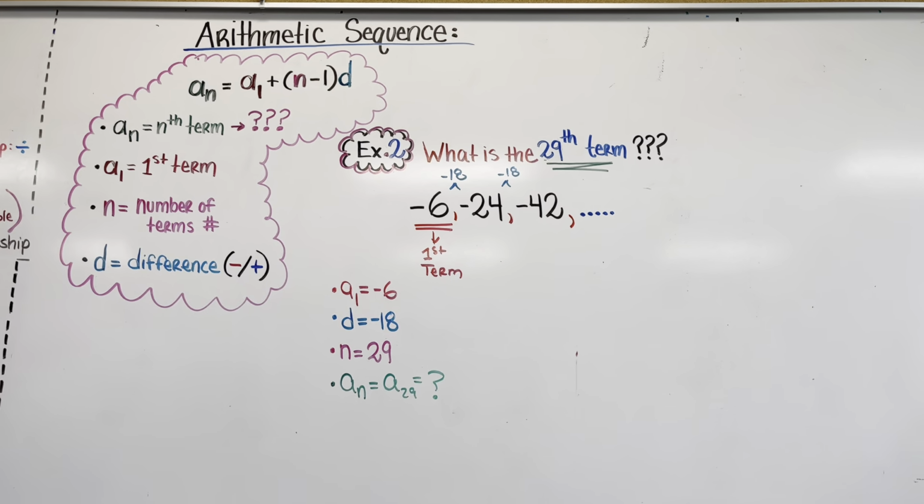So now I have -6 plus parentheses 29 minus 1, parentheses closed, times -18.